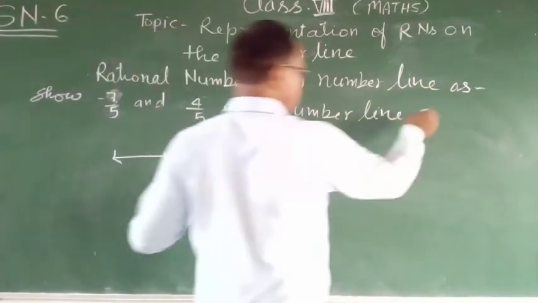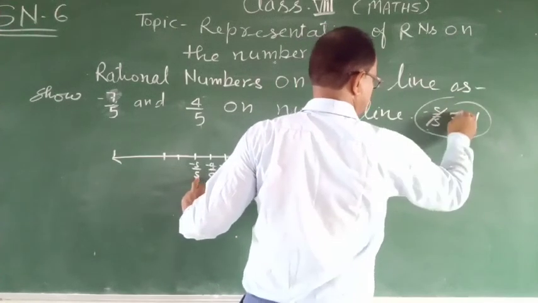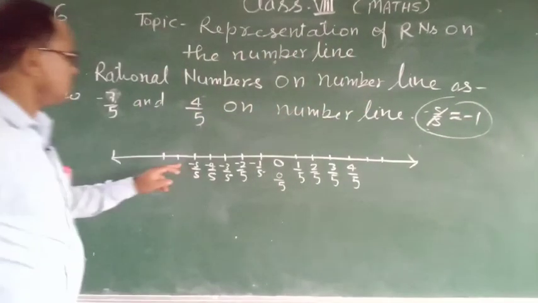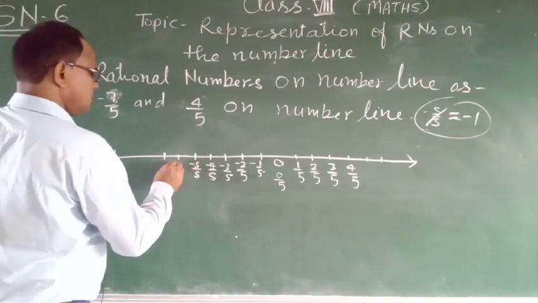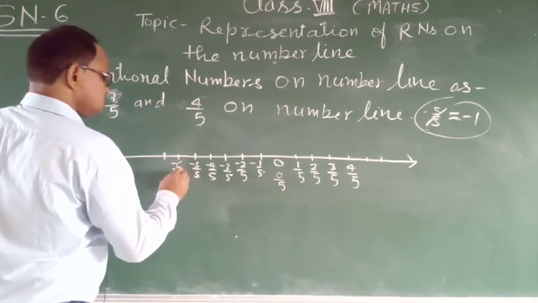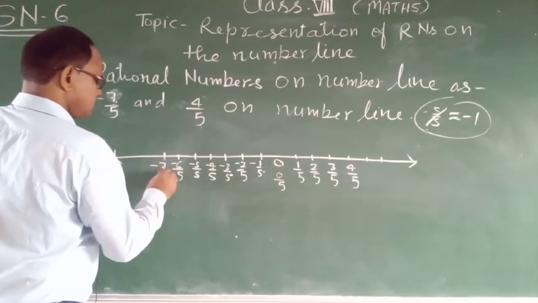We can write -5/5 equal to -1. Okay, and here -6/5, -7/5.